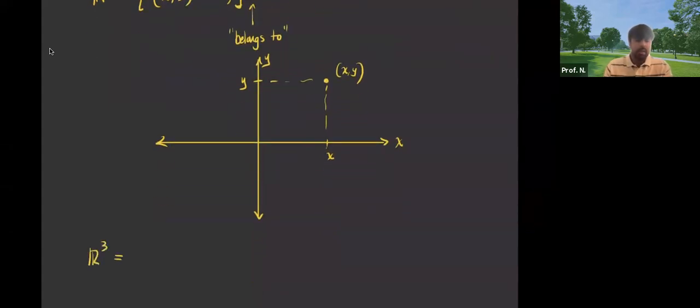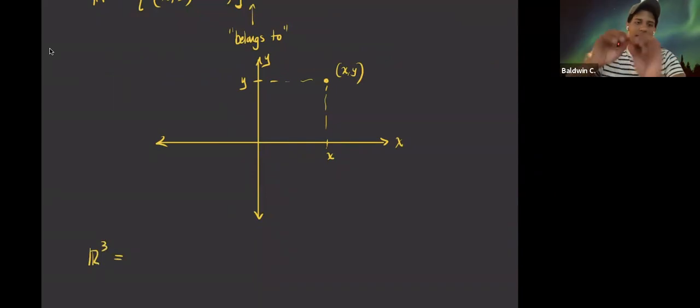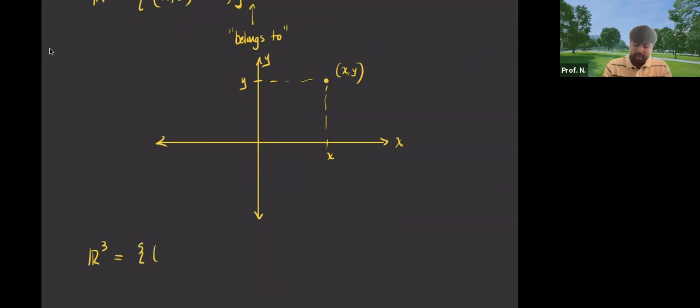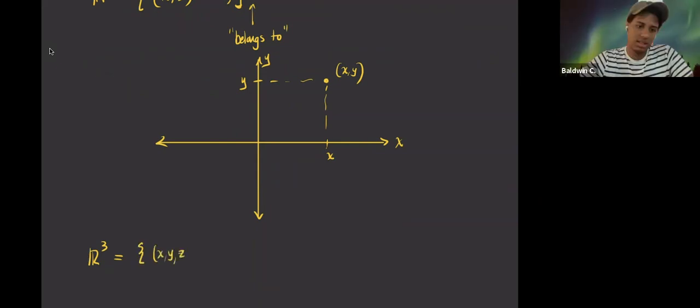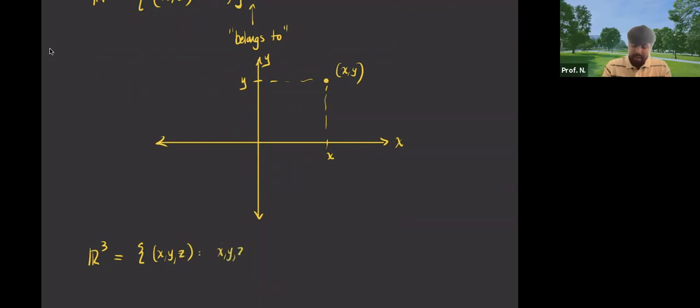Where am I now in R3? That would be adding a so-called extra dimension, right? And so then what is that called? The X, Y, Z space, right? X, Y, and Z are all in the set of real numbers.